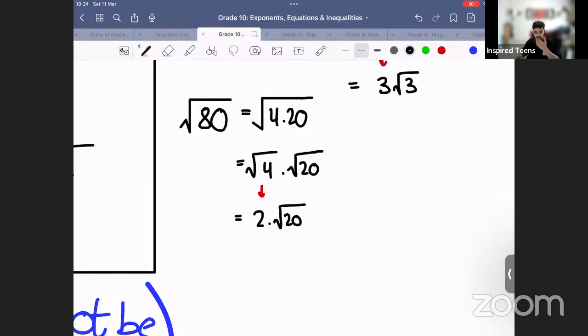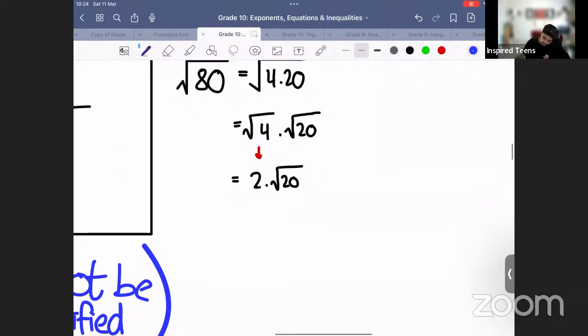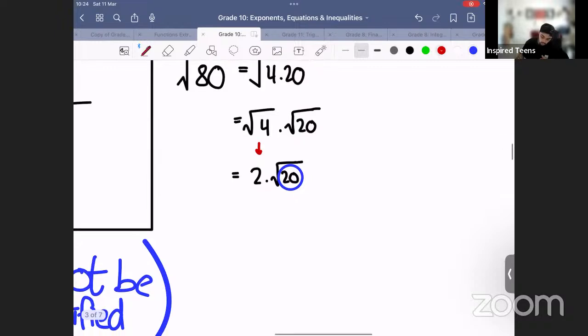Okay, but now you will notice that 20, I can also write it as a product with a perfect square, right? I can still write it with a factor that is a perfect square. What perfect square goes into 20?